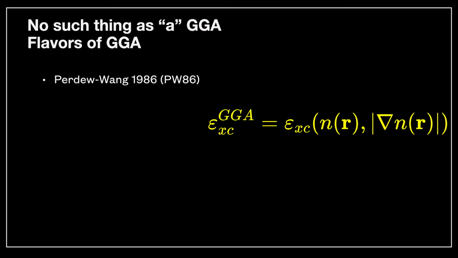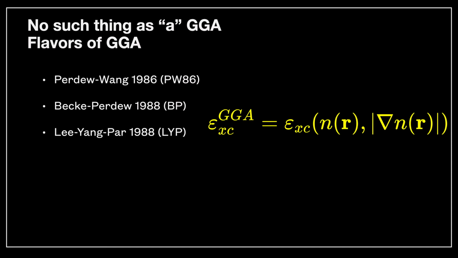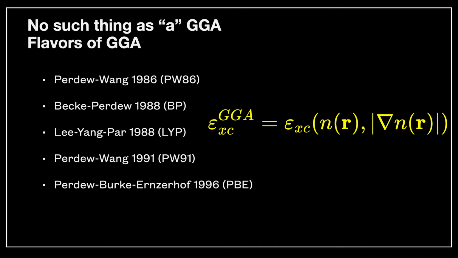Here are just a few that are well known: Perdew-Wang, Becke-Perdew, Lee-Yang-Parr, Perdew-Burke-Ernzerhof, revised PBE, and many others. One of the most popular ones in physics, at least, is PBE, the Perdew, Burke, and Ernzerhof 1996. It's one that's used a lot.